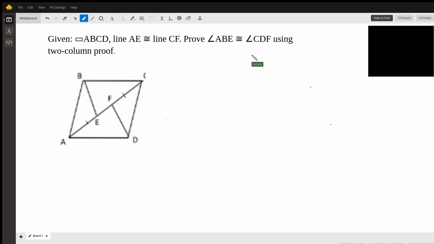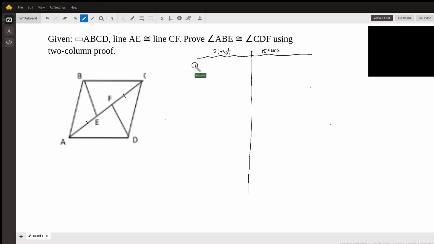The teacher wants a formal two-column proof. So we have a statement and a reason here.